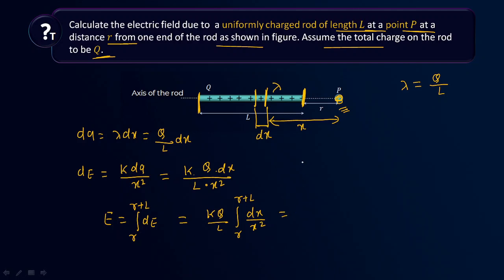So now let us write it here. E will be equal to k Q by L times the integration of 1 by x square, which is minus 1 by x, right?